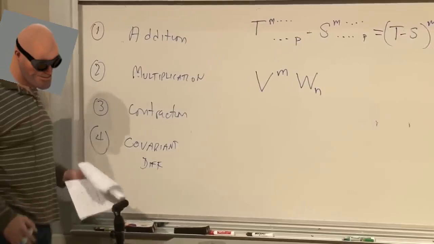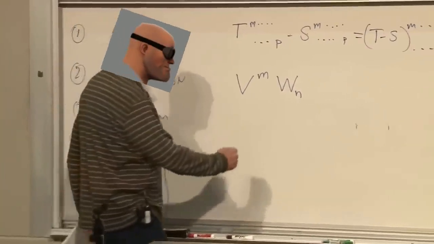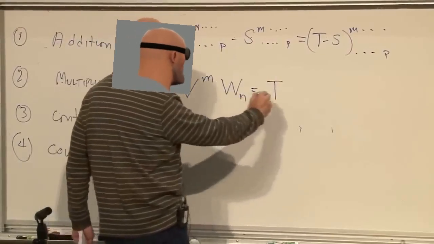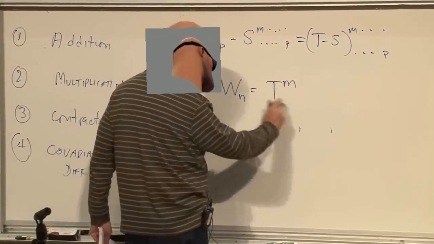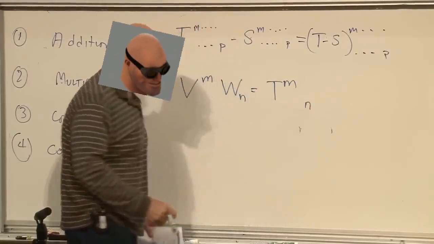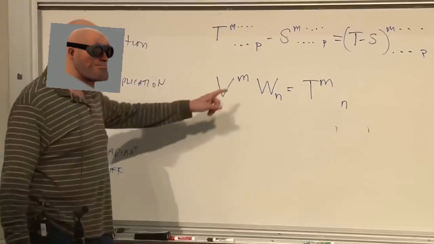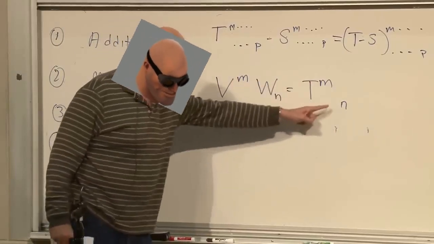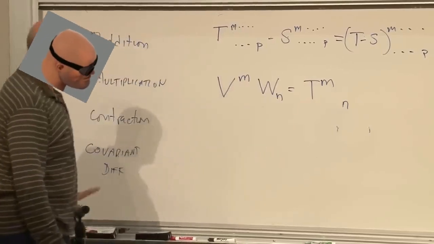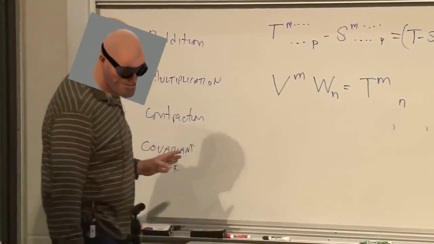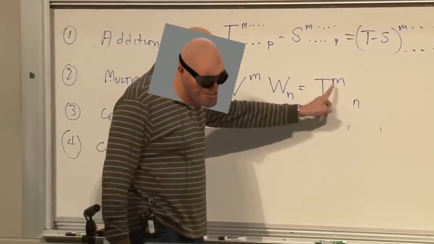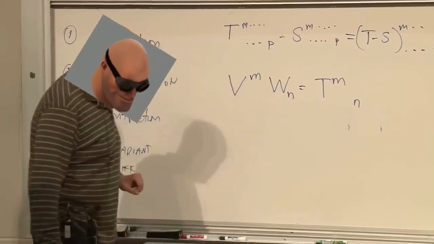This is a tensor with one upstairs index m and one downstairs index n. You have to remember which one is which. Do not cross: if this is m, this one is m, if this one is n, that one's n, and so forth. This is a tensor with one covariant index and one contravariant index.